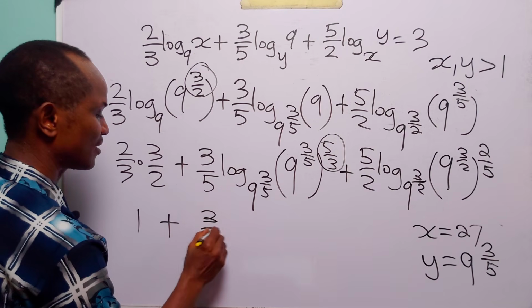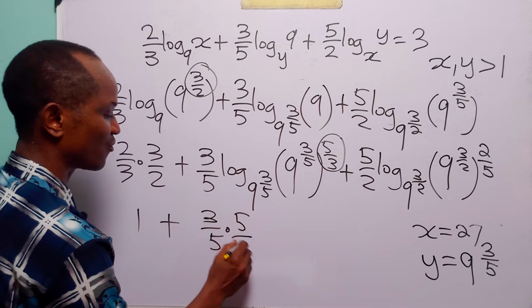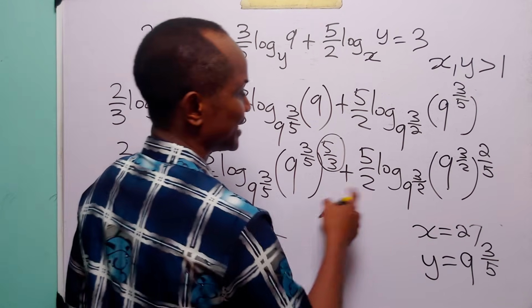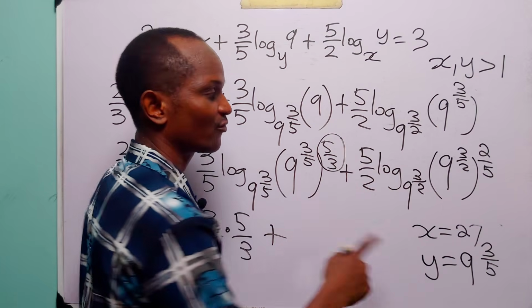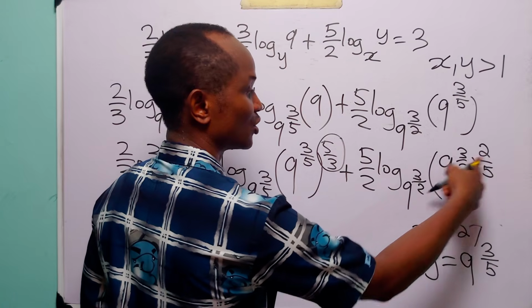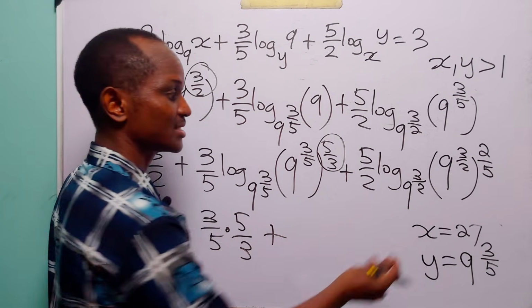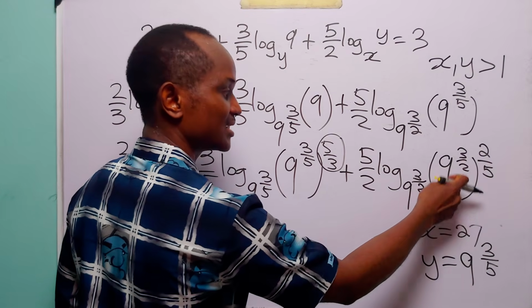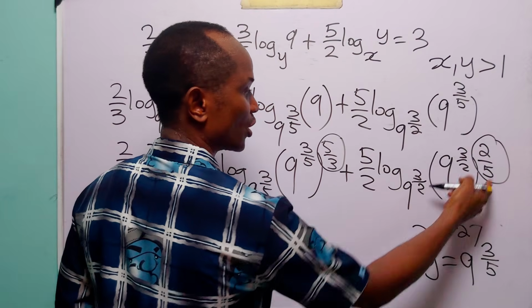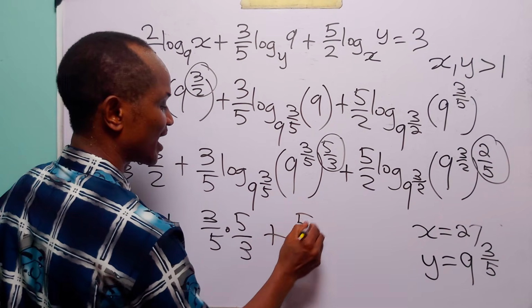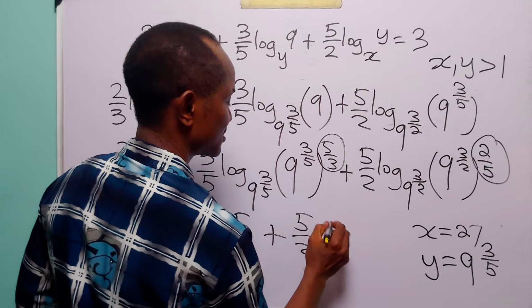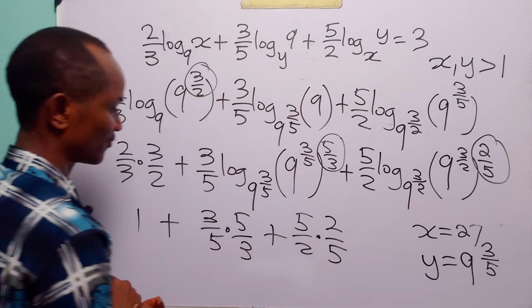So here we have 3 over 5 times 5 over 3 plus. In this case, we have log to base 9 to the power 3 over 2 of 9 to the power 3 over 2 to the power 2 over 5. Now, since this base is equal to this, then this whole log term is equal to 2 over 5. So we have 5 over 2 times 2 over 5.